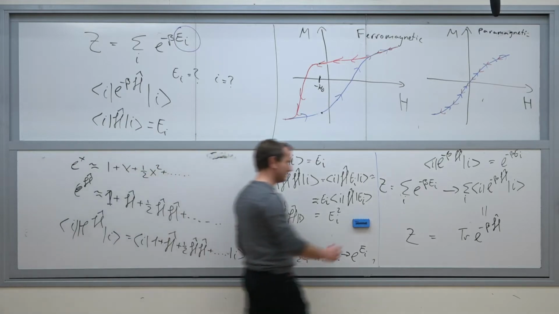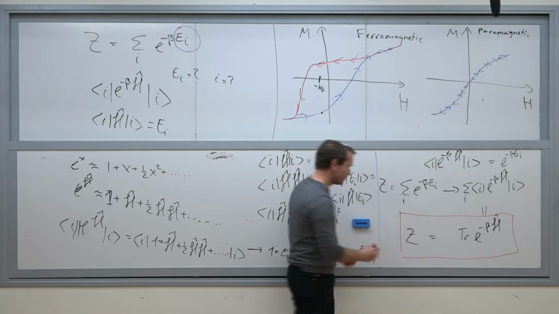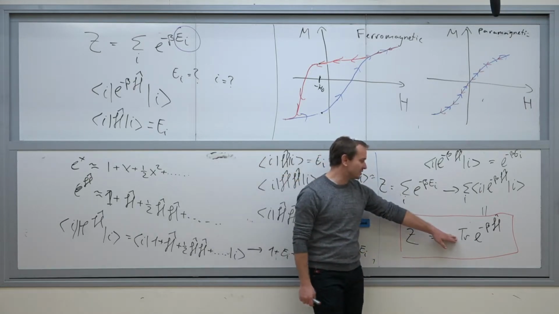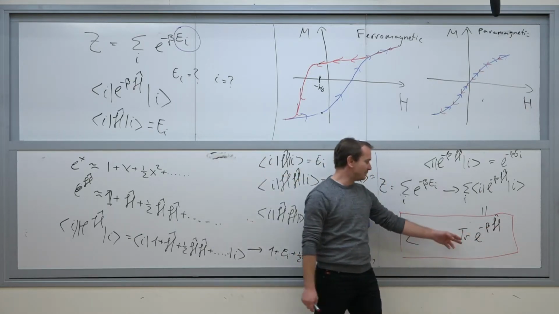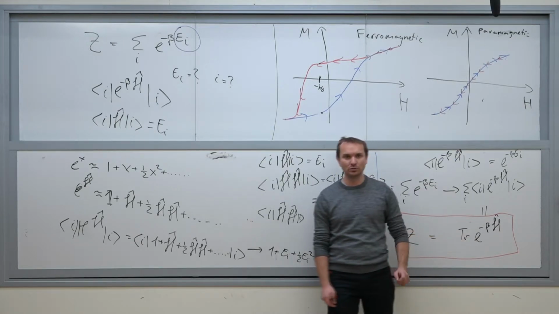We haven't used this description so far, but when I say that it's a trace of e to the minus beta H, I'm saying I have to take the summation over all eigenstates of the Hamiltonian.